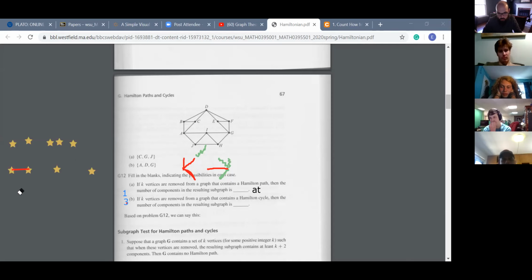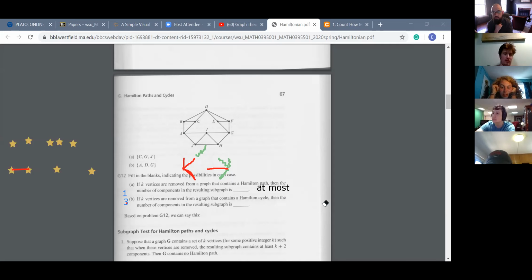Can you see this now? What do you see? All right, let's try this again. At most, it's supposed to say at most. Yeah, so the number of components in the resulting subgraph is at most.